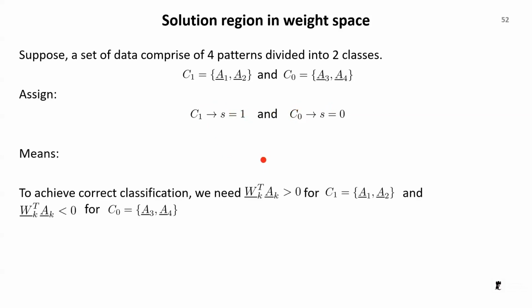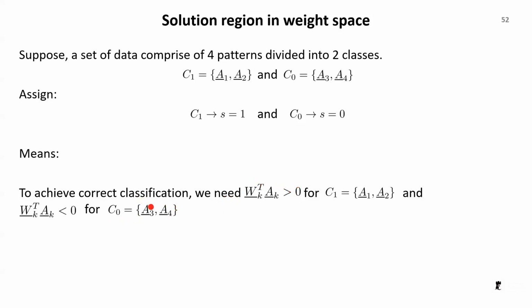What we want to have is, using the threshold logic neuron, right? We want the points A1, A2, if we put them into this weight that we want to find, to have a positive activation state so that we can have class 1.